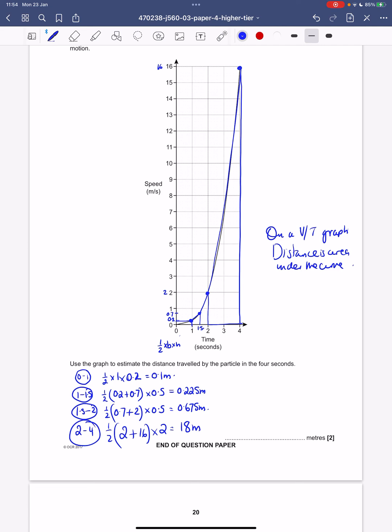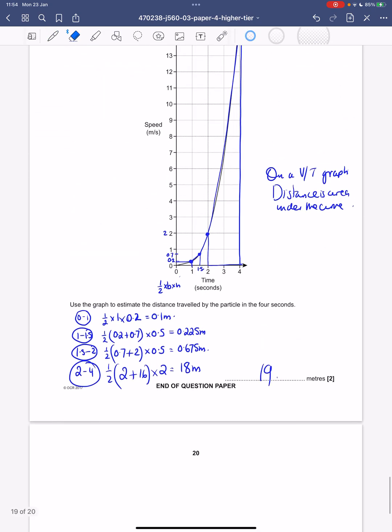We'll add all these together. 0.1 plus 0.225 plus 0.675. I didn't round those off because I could see that they were going to cancel. So that was okay for me. So 19 meters. And that completes the first one.